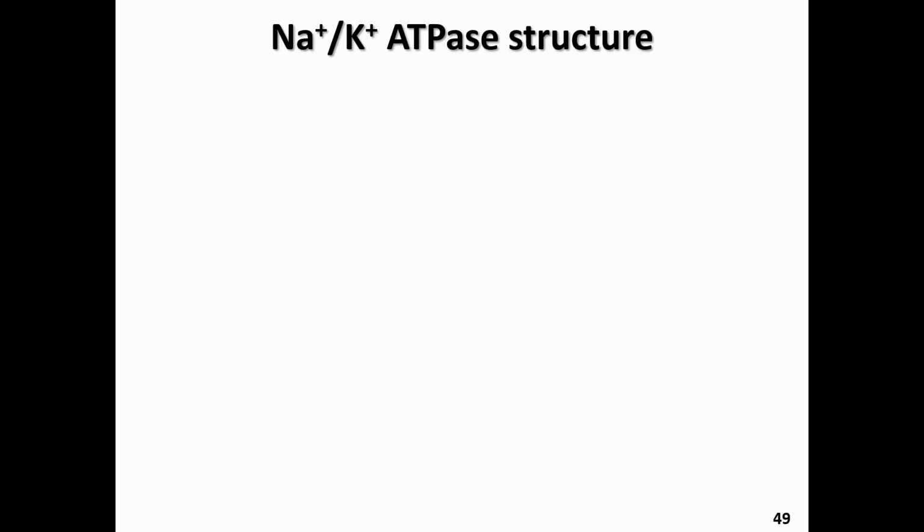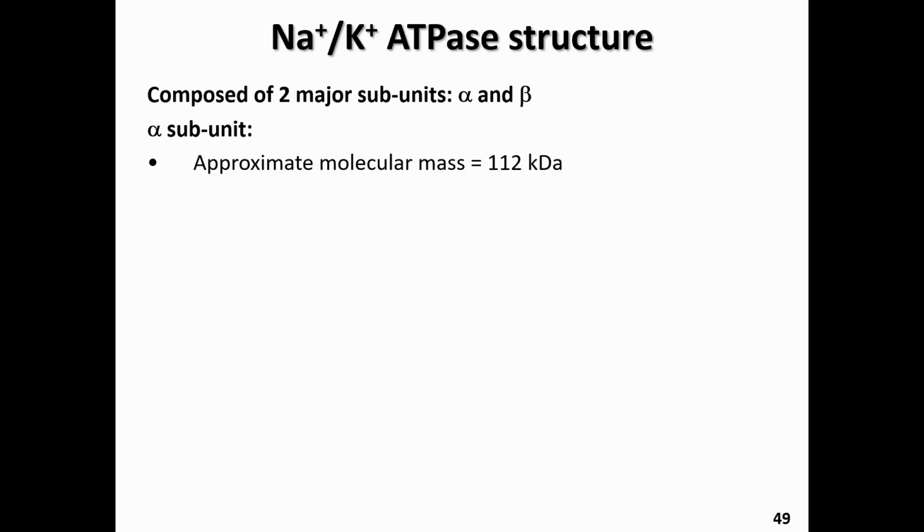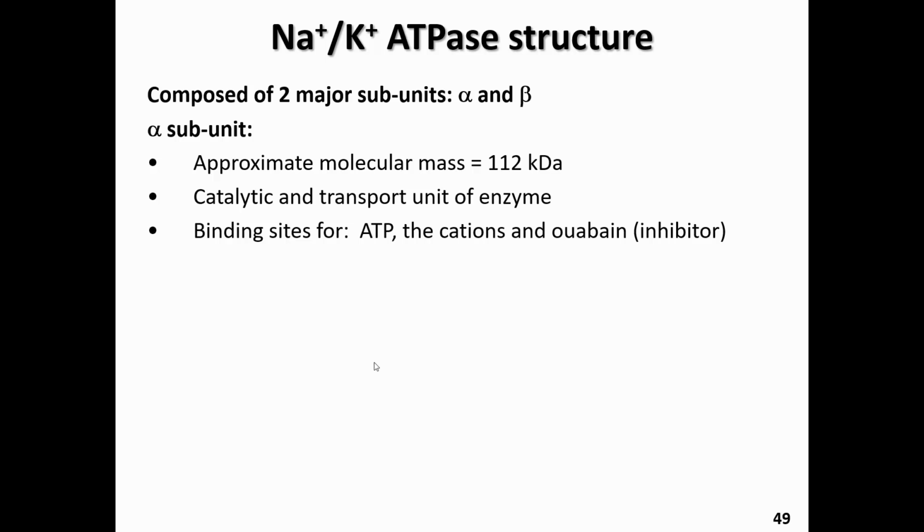And so the sodium potassium ATPase, it is a protein functioning as an enzyme, and it's made up of 2 major subunits, what are just simply referred to as the alpha subunit and the beta subunit. So the alpha subunit is the catalytic and transport unit of the enzyme.